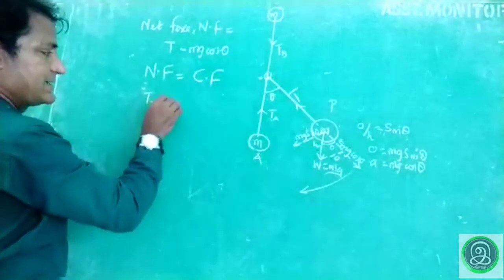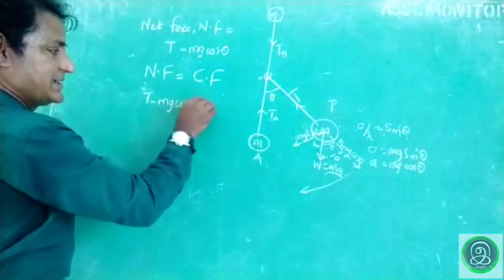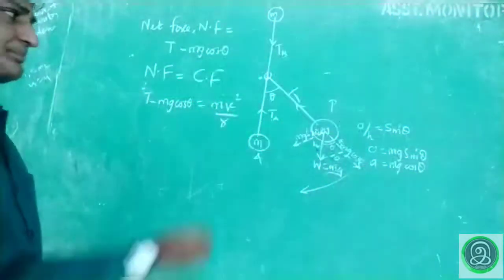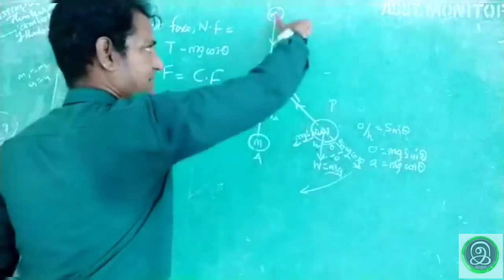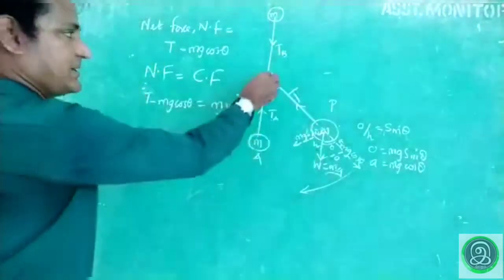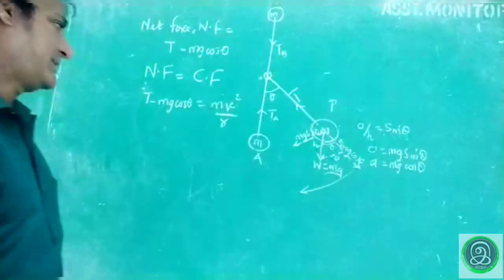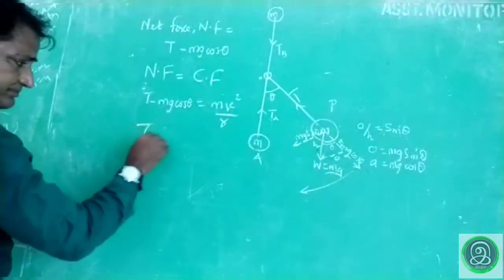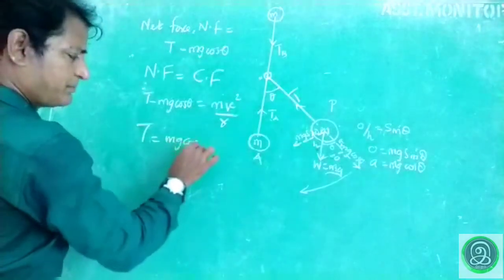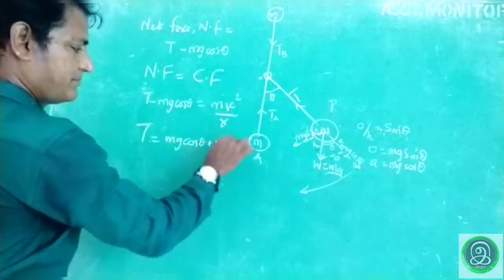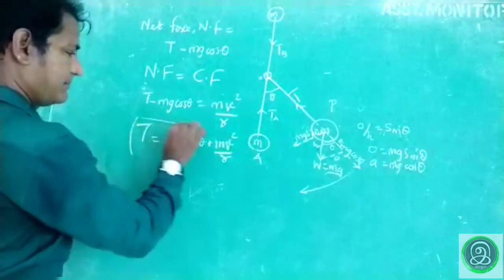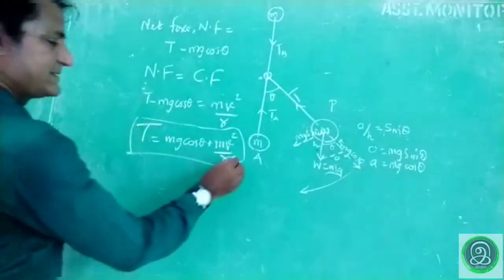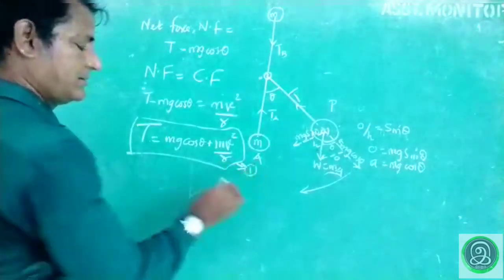So T minus mg cos theta is equal to mv squared by r, where r is the radius of the string from the central point O. Now T is equal to mg cos theta plus mv squared by r. So take this as equation 1.